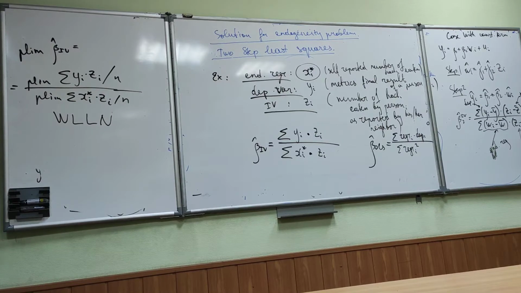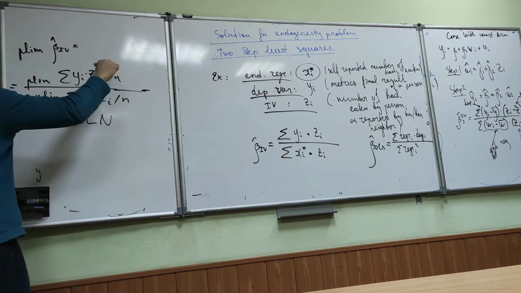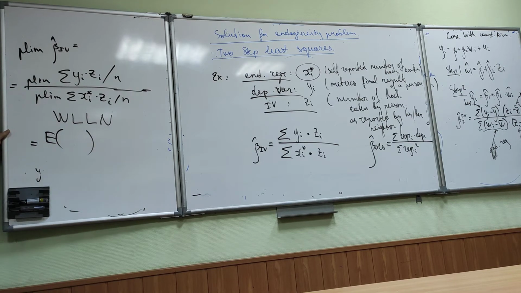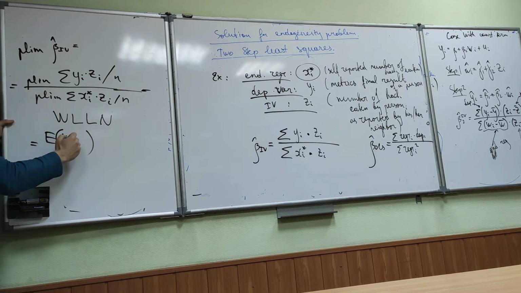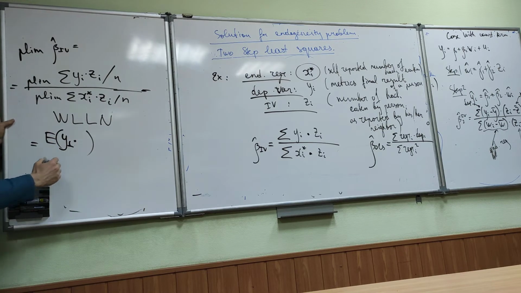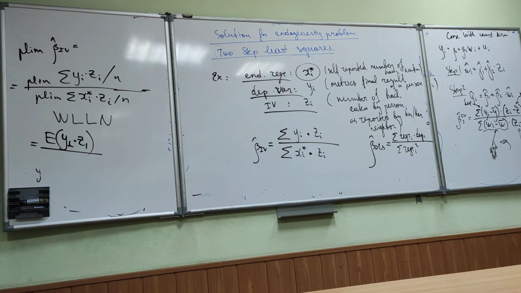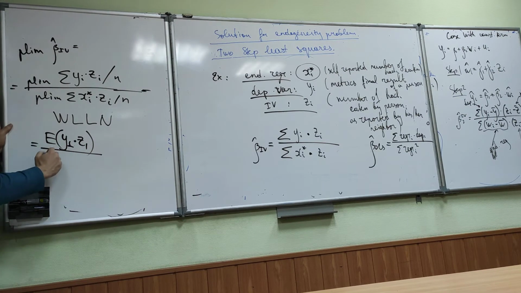So in the numerator I will have the expected value of y1 times z1. In the denominator, I will have the expected value of x1 star multiplied by z1.